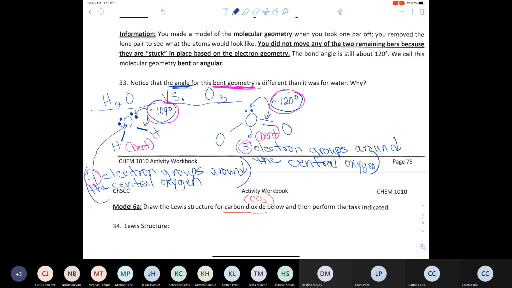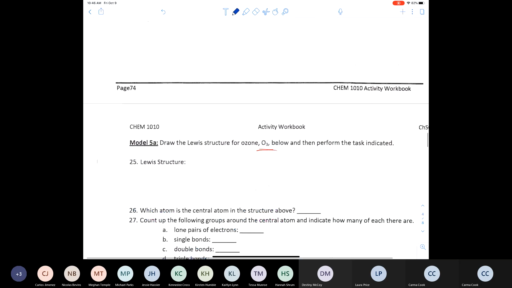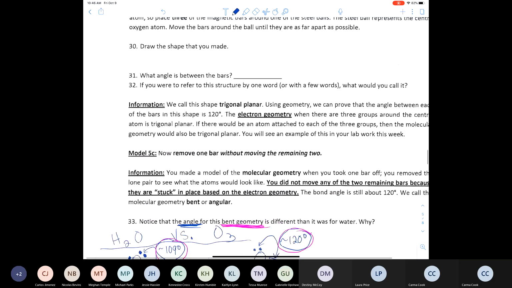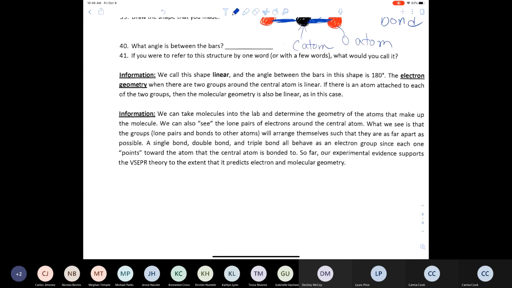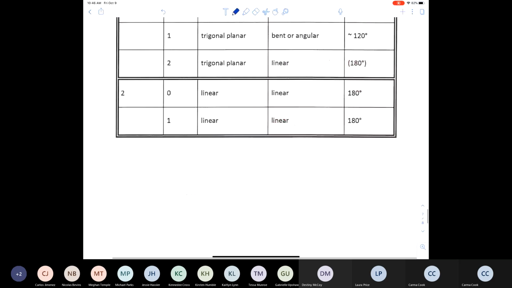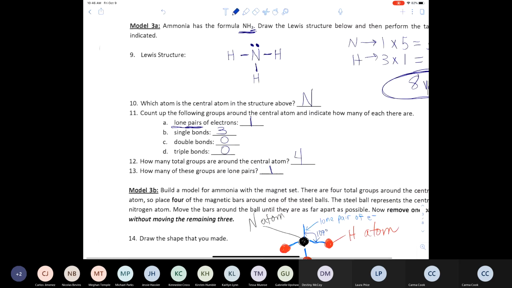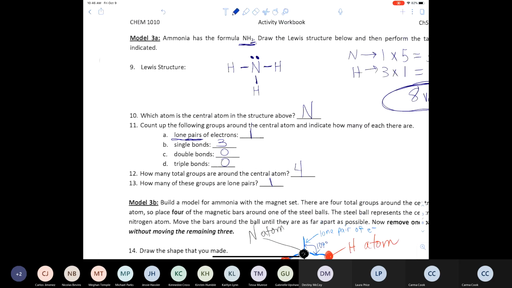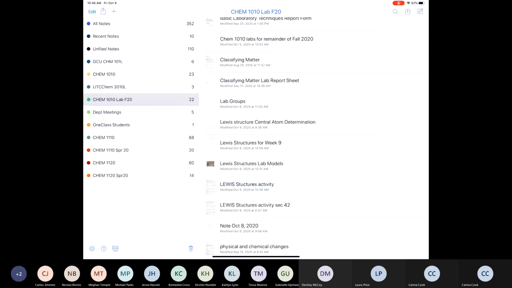Okay. If there aren't any other questions, then make sure that you've uploaded this document with all question numbers all the way through number 41 completed, and upload this completed document to the week 7 Lewis Structures Lab Dropbox by 11:59 p.m. tonight.